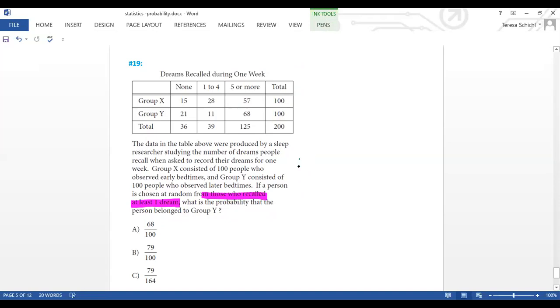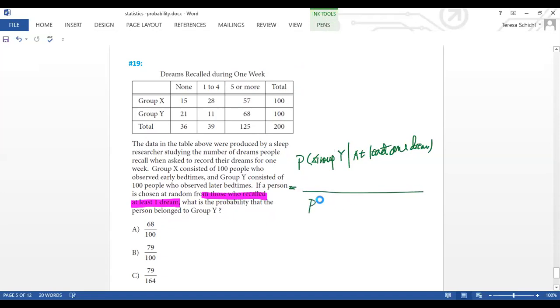So that means my probability here, what is this? I'm looking for the probability of group Y, given that at least one dream, correct? Okay, so now I'll use my conditional probability here.